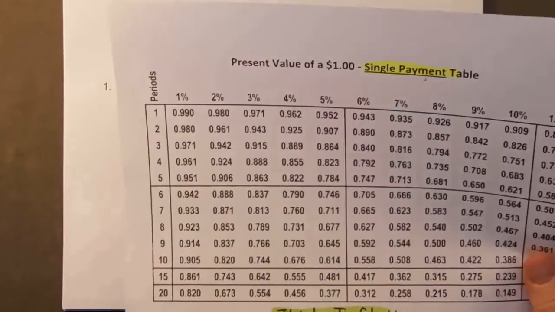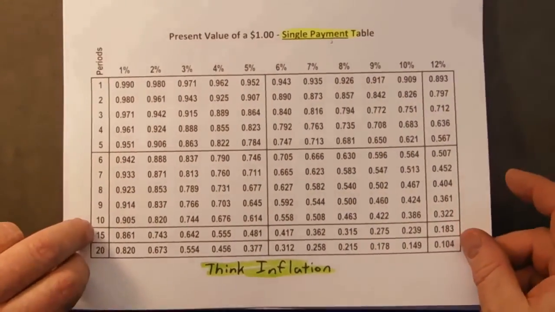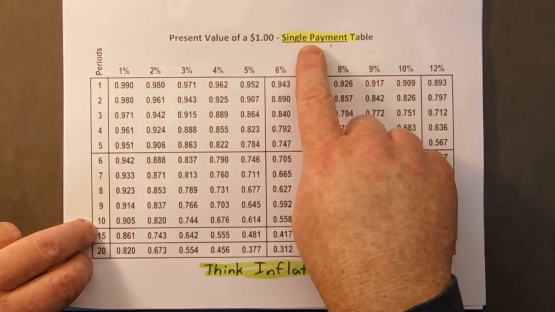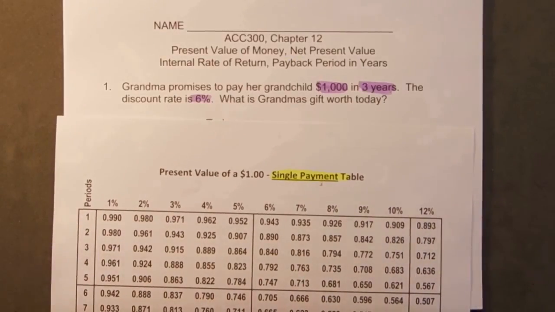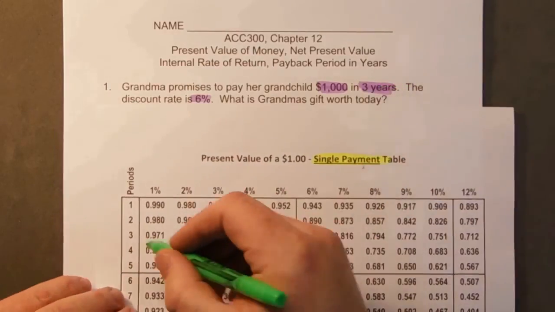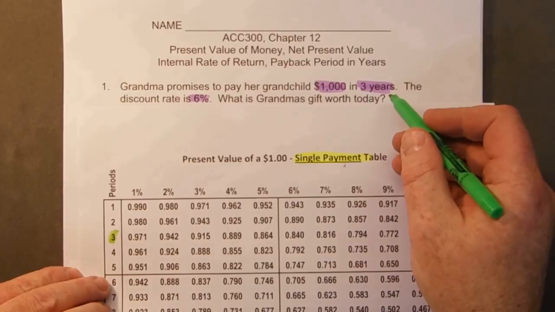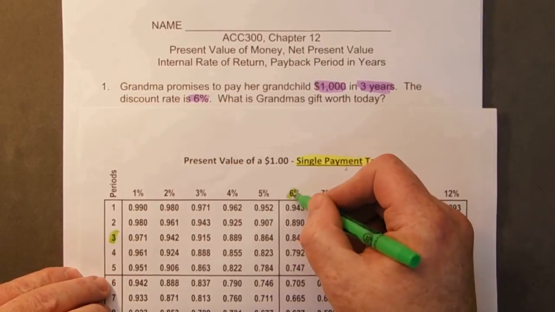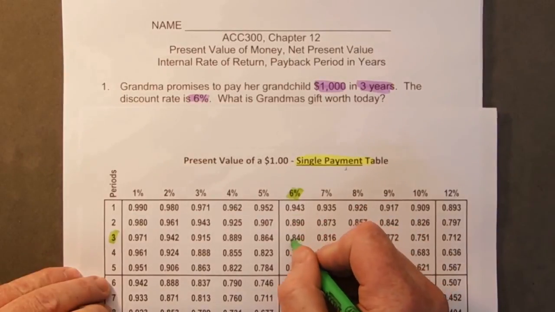All right. Well, we're going to look at our table here. And make sure you're on the single payment table. It should say single payment table. It's page 11. If you've got page 12, change it to page 11. Okay, so for 3 periods, and at 6%, that's going to be the value of all those dollars.